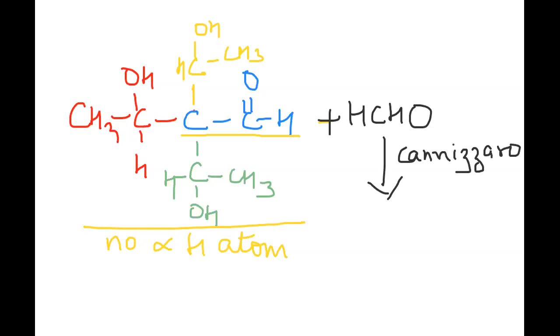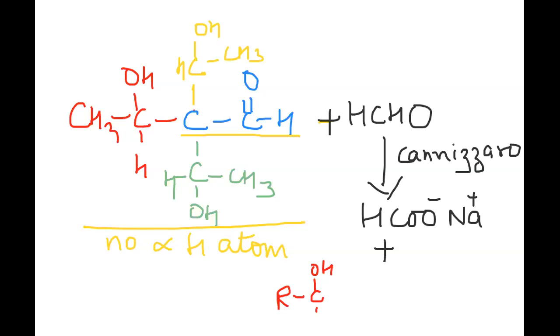You see, in this case, it is going to form HCOO negative, plus the other molecule. All right. The other molecule that will be formed is going to be the same one. I'm going to write it like this: R, C, OH, and an H. The R represents the molecule that is there, shown in red. This is C, all right. And this is also going to form CH2OH, okay.